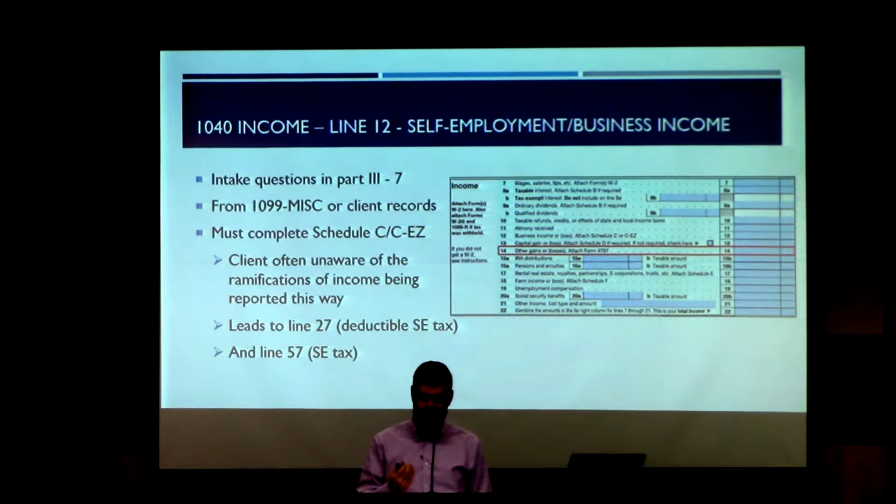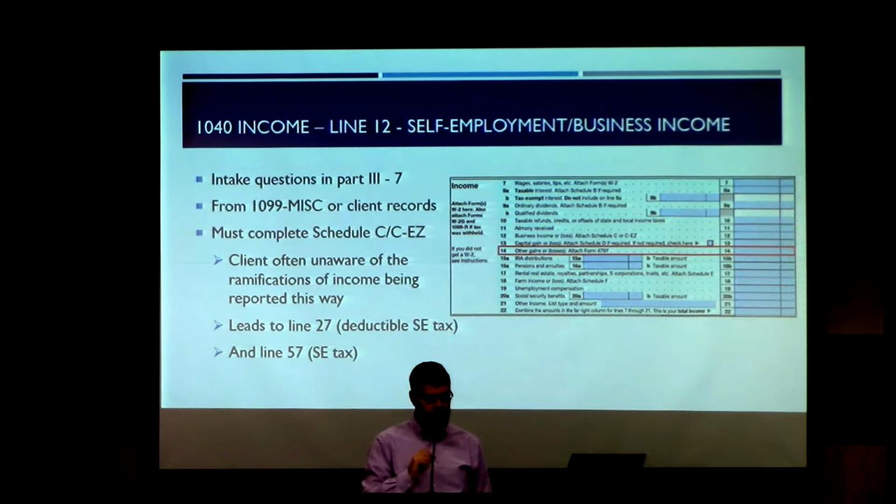What's fun about line 12 is once something goes on line 12, you also trigger line 27, which is in our AGI, adjusted gross income section. That's a deductible part of self-employment tax. And we'll see why self-employment tax is so unpleasant when we go to the back page. But because it's so unpleasant, they do an automatic deduction for it on the first page, and then line 57 on the back, that's where the self-employment tax actually comes in.